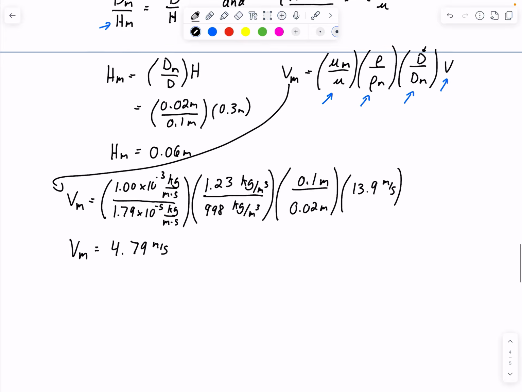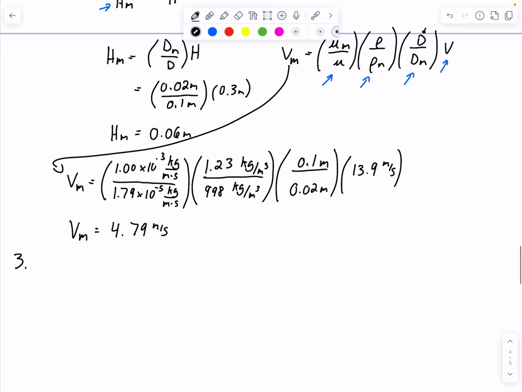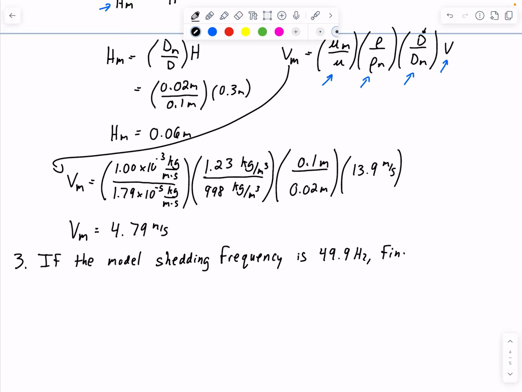Okay, so the third part of the problem says that if we go out and do experiments with the model and measure the frequency of these vortices being shed from the model, and we find that we measure a vortex shedding frequency of 49.9 hertz, then we want to find the prototype shedding frequency.